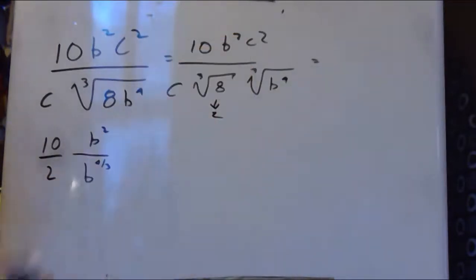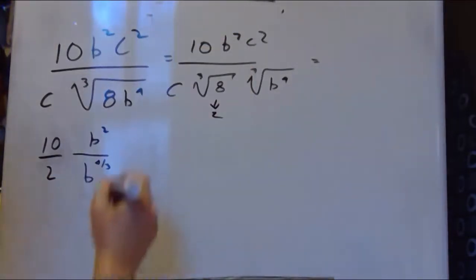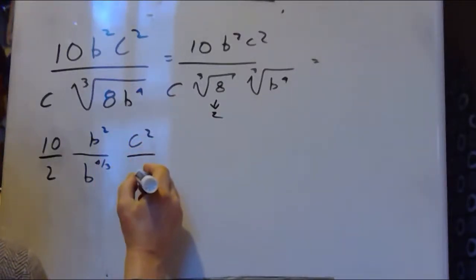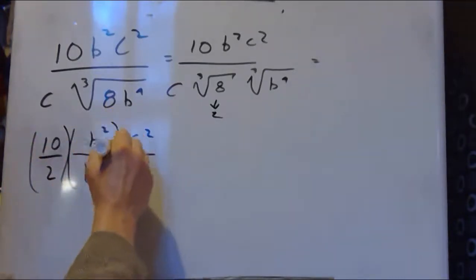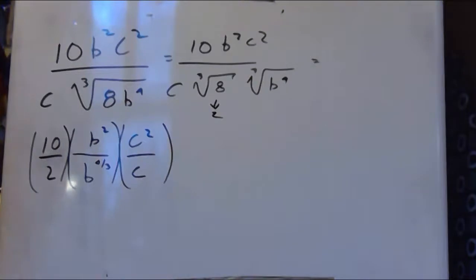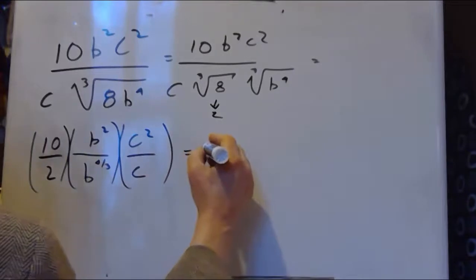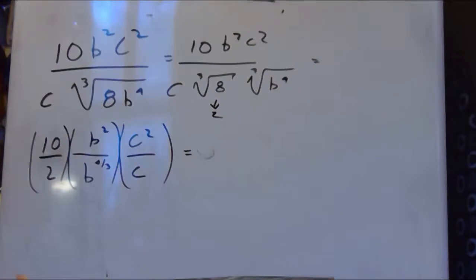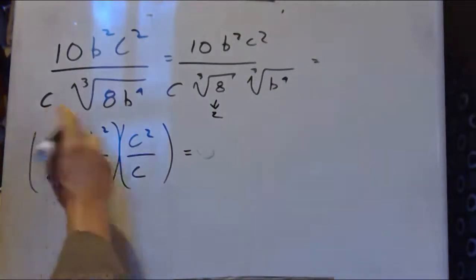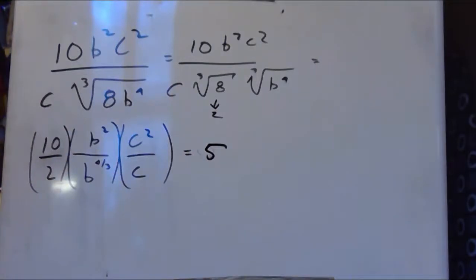And then we look at the c's, and we have c squared over c. So I just did this for bookkeeping reasons to kind of organize everything so I don't get confused. And I see that 10 divided by 2 is 5. And then I have b squared.